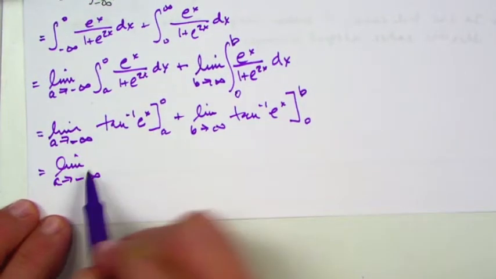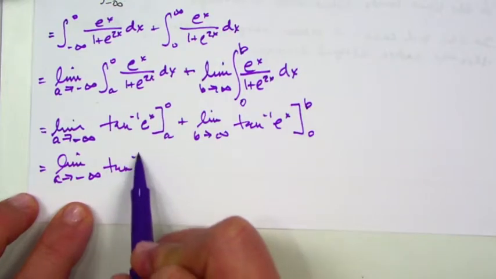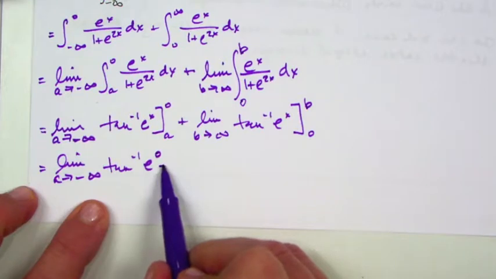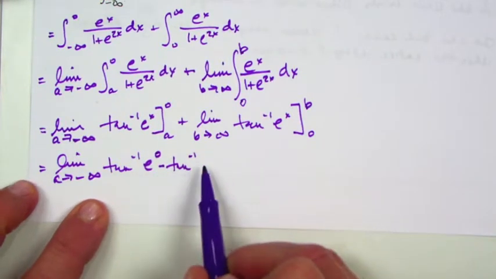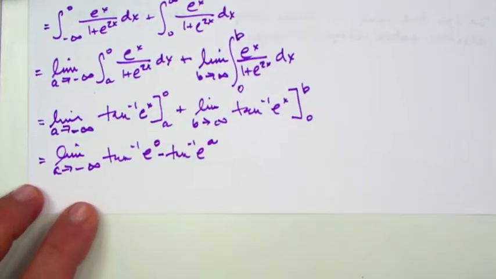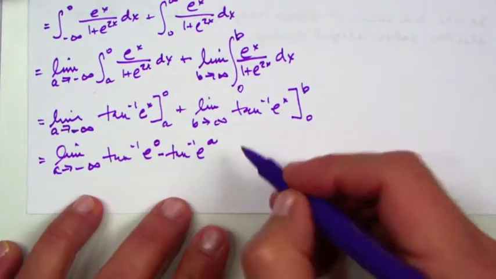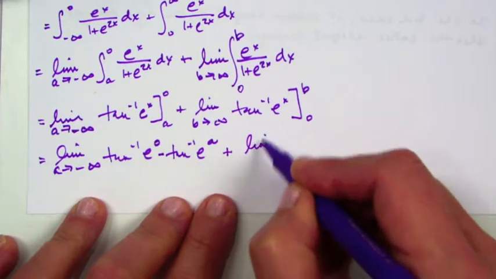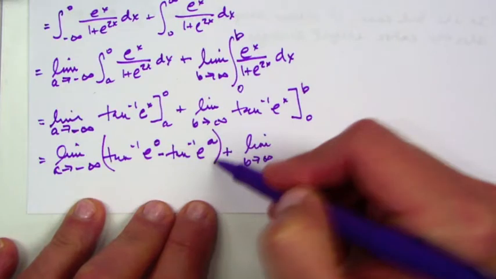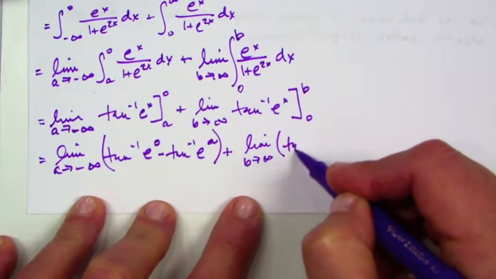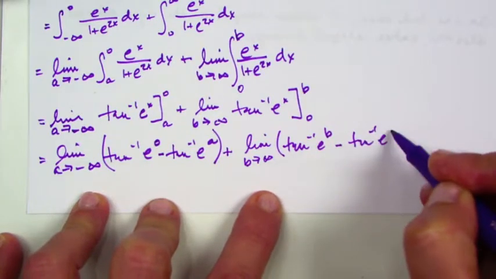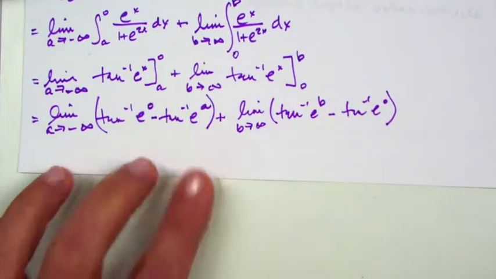Limit as a goes to negative infinity of inverse tan of e to the 0 minus inverse tan of e to the a, plus the limit as b goes to infinity of inverse tan of e to the b minus inverse tan of e to the 0.